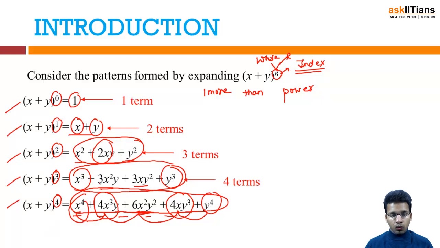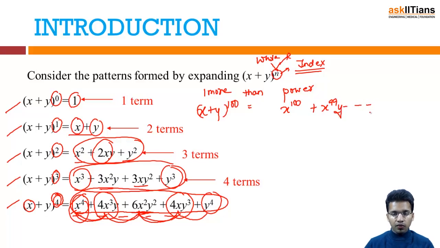And again, one more thing, that when we are going to expand any power, okay, the first term will be the first term of the binomial raised to the index, and then it goes on decreasing. If I am writing x plus y raised to power 100, I know this for sure that it will start with x raised to power 100, then x raised to power 99 with y raised to power 1, and so on till y raised to power 100 and x raised to power 0.